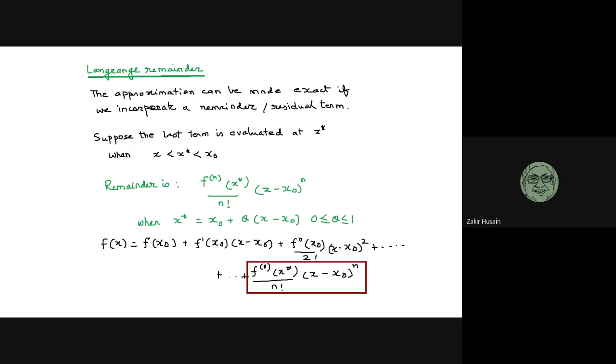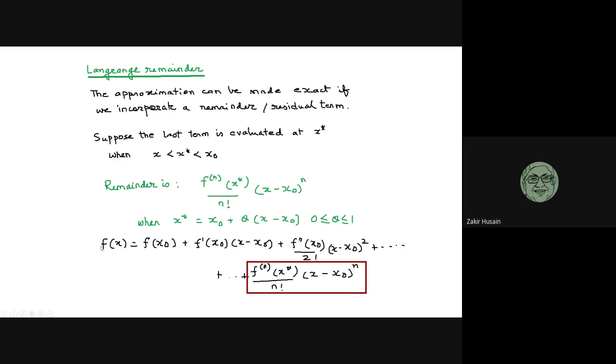This residual term is evaluated not at x equal to 0 or at x equal to x0, but at some point x star, where x star lies between x and x0. Typically we write the remainder in this form, when x star is equal to x0 plus.